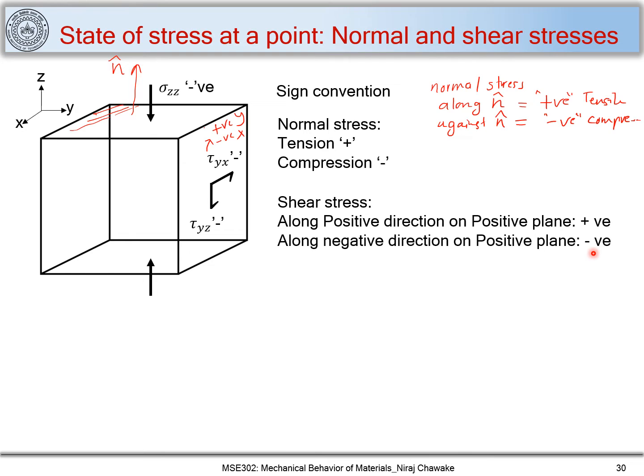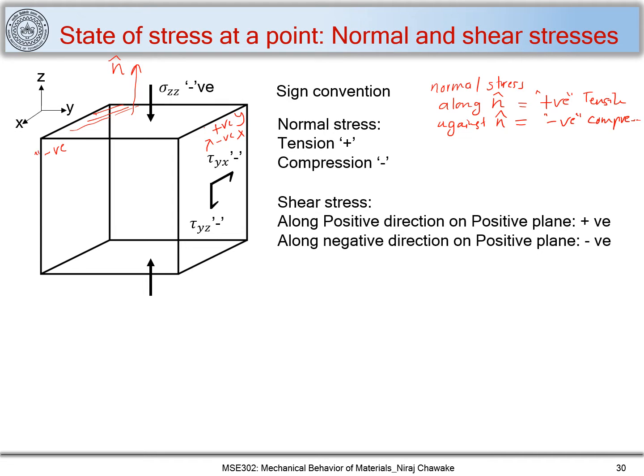So let's understand this again with some other examples. I have this tau yx, which is acting on positive y plane. I have negative y plane. Let me write it also here. So this is my negative y plane.